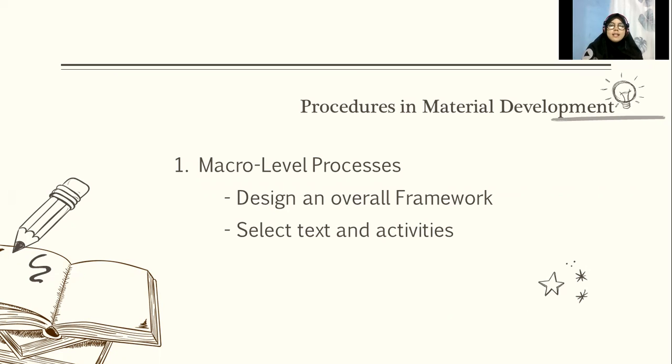The second one is selecting texts and activities. Text selection will be a crucial part of the process, and the criteria will include student interest, students' experience, and also their age, etc.